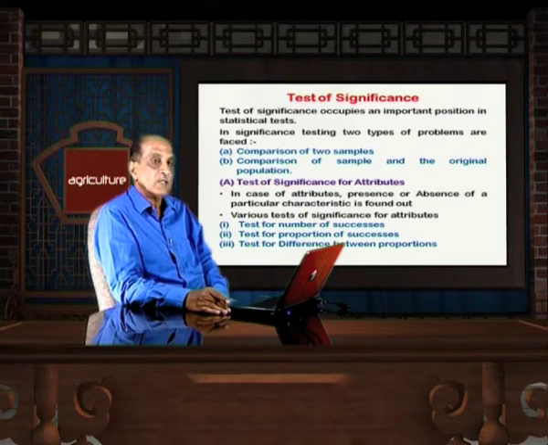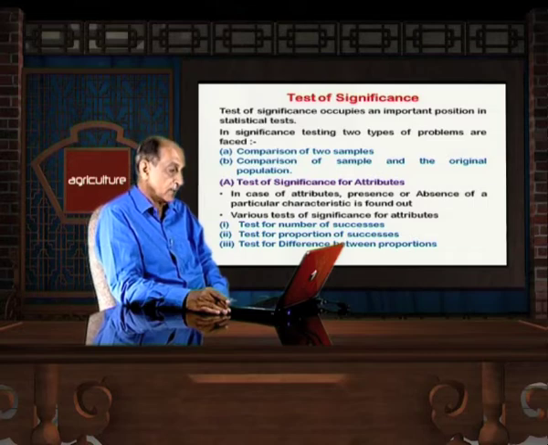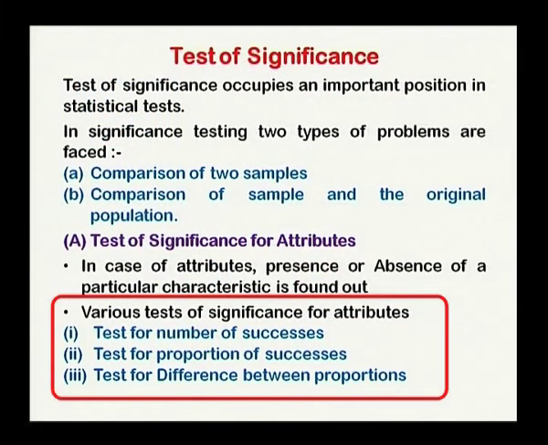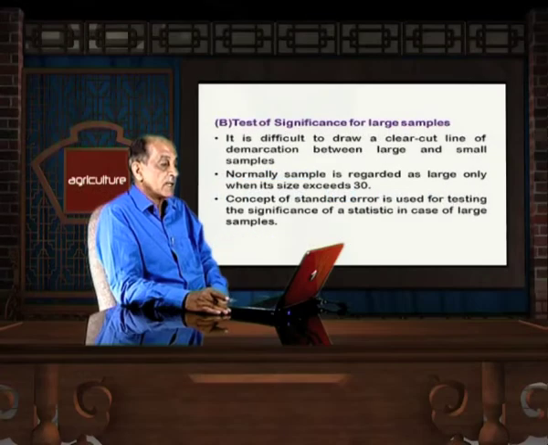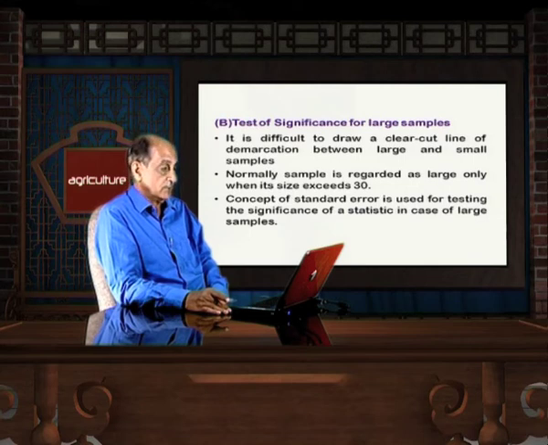We just go for the qualities, the characteristics, whether present or absent. There are many tests used in this connection. First is the test for number of successes, second is test for proportion of successes, and third is test for difference between proportions.